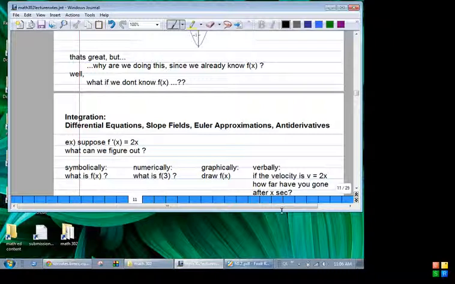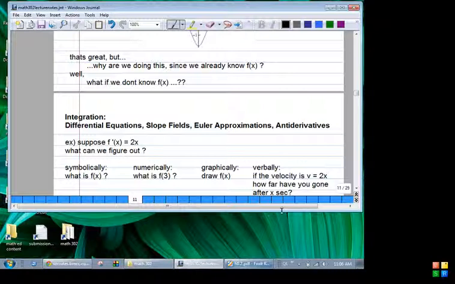We can say, well, is there just some way that I can figure out what f of 3 is? Which is similar to what we were just working on. Third, can we draw f of x? And the fourth thing is a verbal problem, like a real world context.